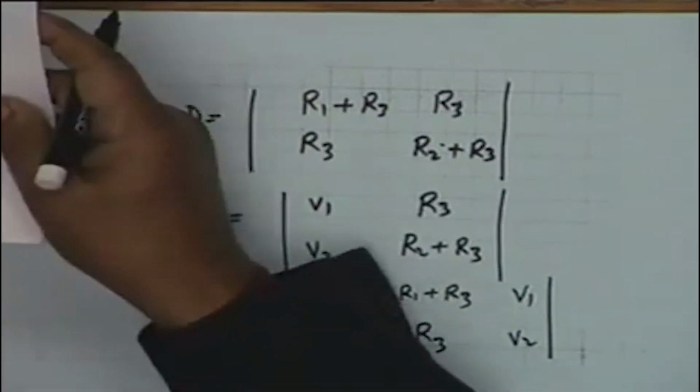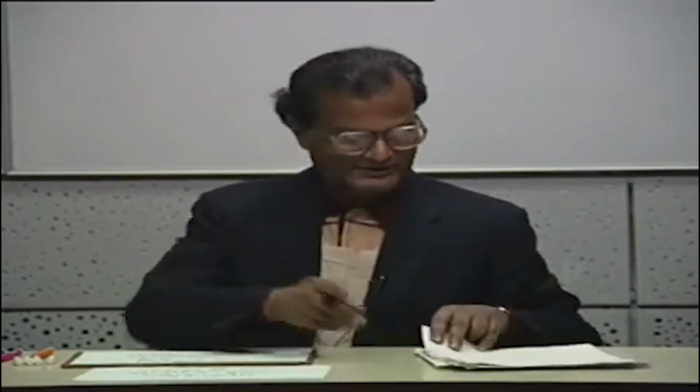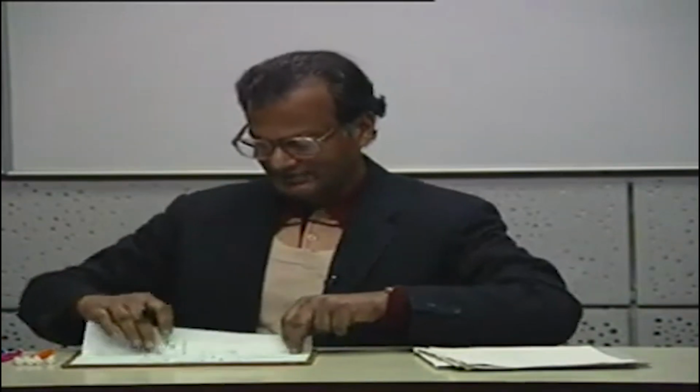Difficulties arise, however, if we have, instead of only voltage sources, let us consider a difficult situation. If we have a combination of voltage and current sources, let us see what happens.